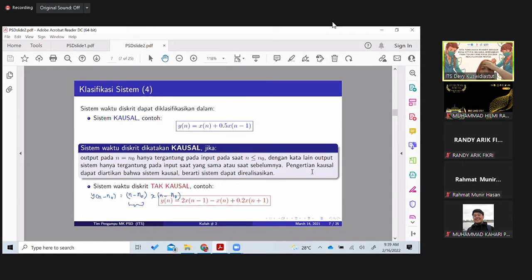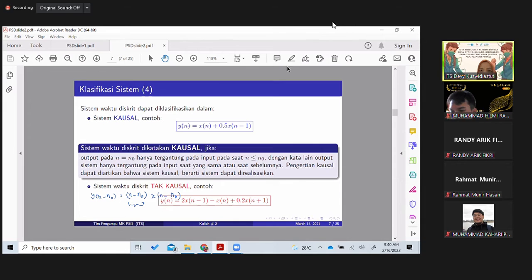In another way of saying, the output of the system only depends on the input at the same time or the previous time. The system does not depend on the next input at a future time.